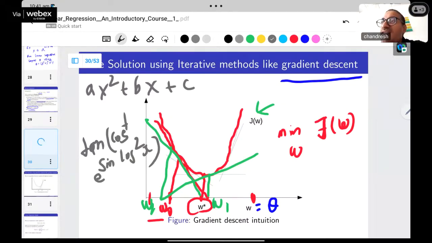Some horrible function, if I give you and I ask you to take the derivative, can you do it? All of you realize that given any function which is very complicated, taking the derivative is not easy.